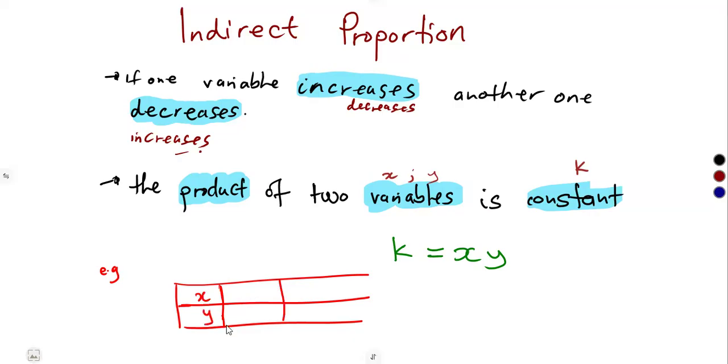All right. So let's say we are given values for indirect proportion, like the rate of work, let's say the time and also the number of men, let's say this is 5 and 4, then we have this one 10, and this one is A. You want to calculate the value of A.